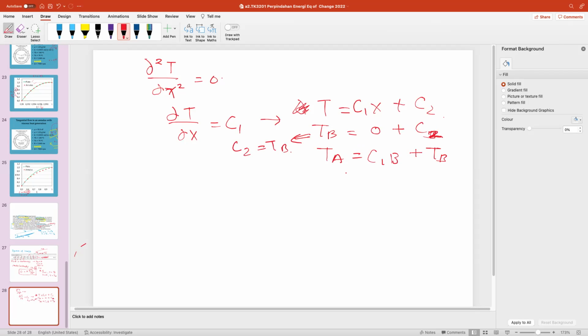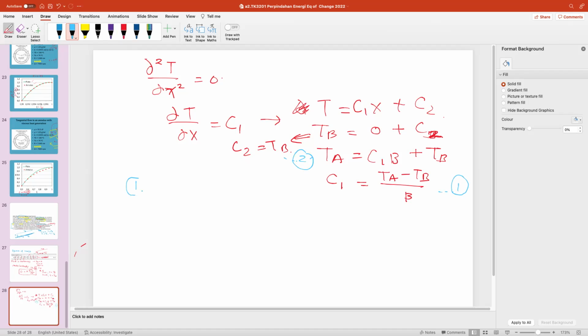Okay, and then we can substitute. So what is C1? C1 is TA minus TB divided by b. So we know the C1, we know the C2.